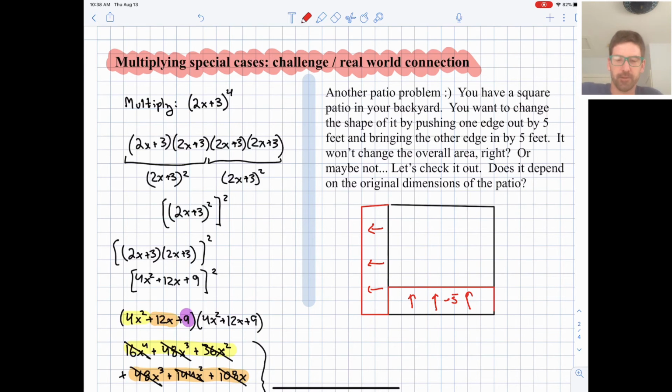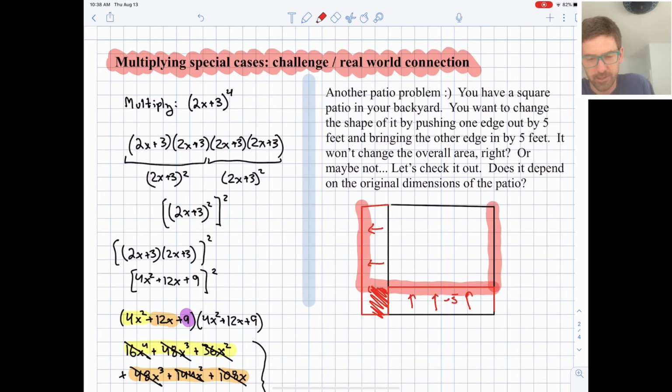I think you can see that this piece is going to go away, right? So our final patio is going to look like this. It's going to be a longer and skinnier rectangle than we had before. That's going to be our brick patio right there.